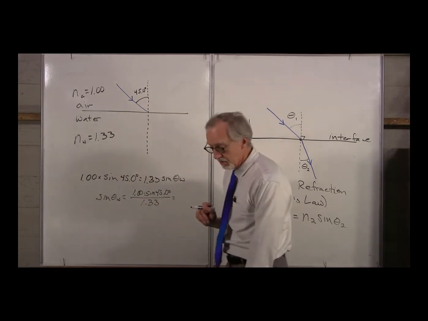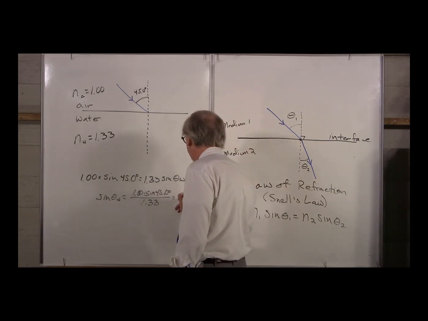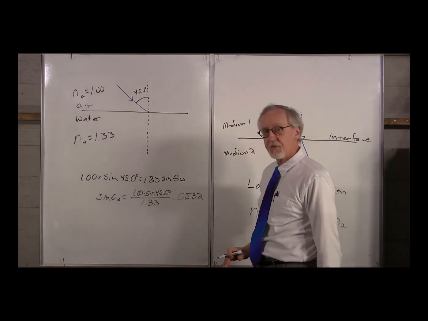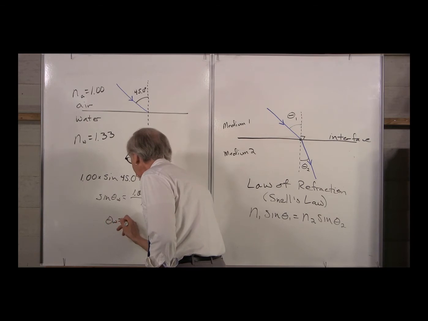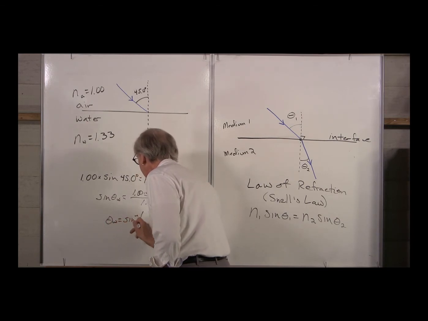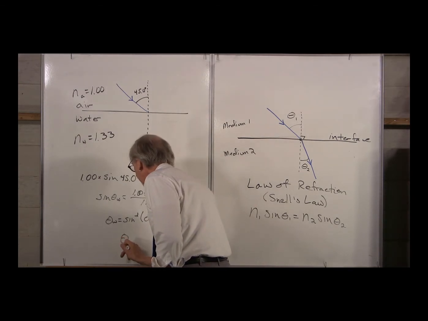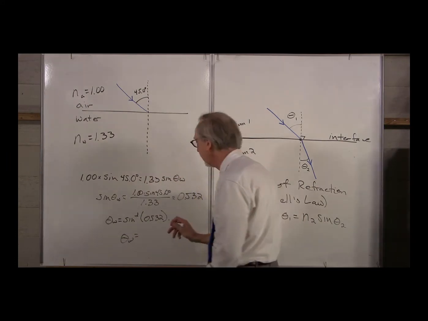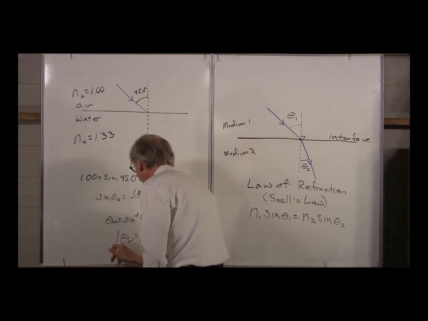We divide that out and we find that that is equal to 0.532. Taking the inverse sine, theta W is equal to the inverse sine of 0.532, and we find that theta W is equal to 32.1 degrees.